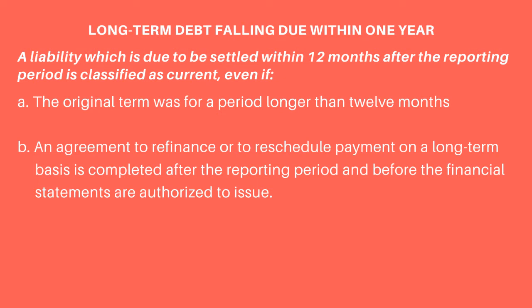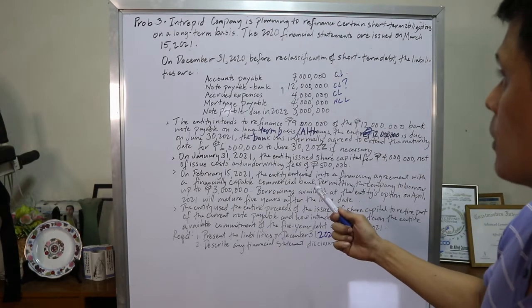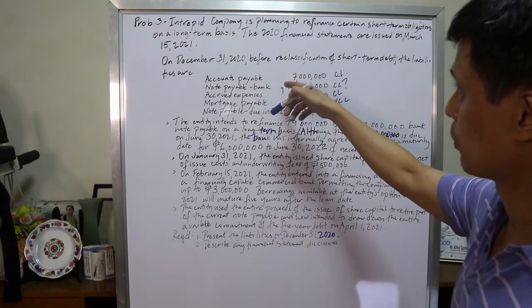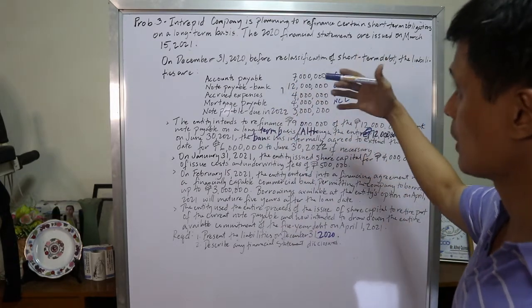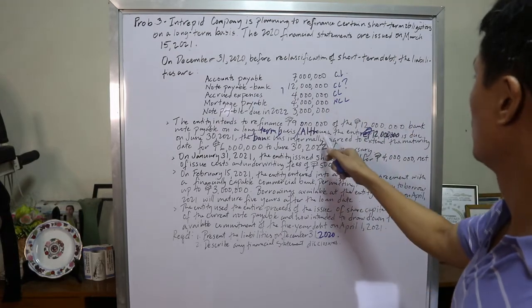Therefore, this is still considered a current liability, because it was only after the reporting date, but before the financial statements are issued.